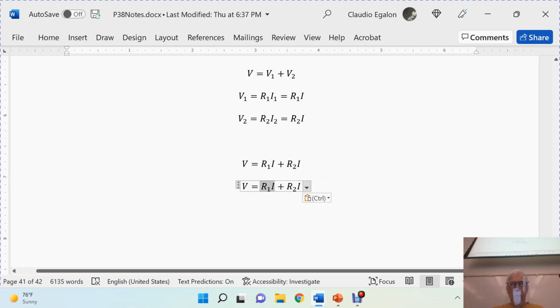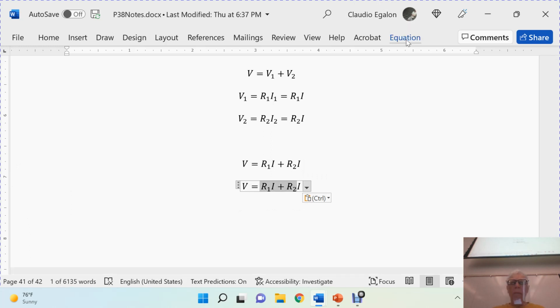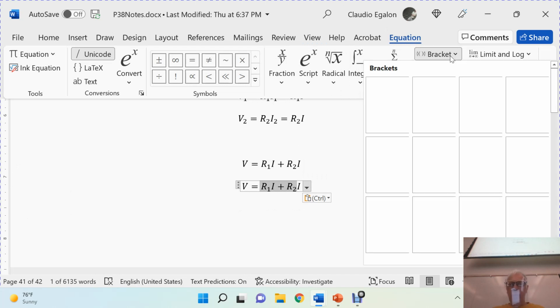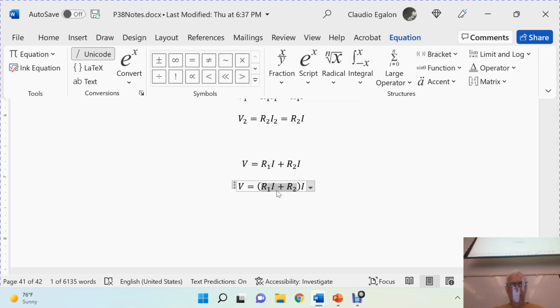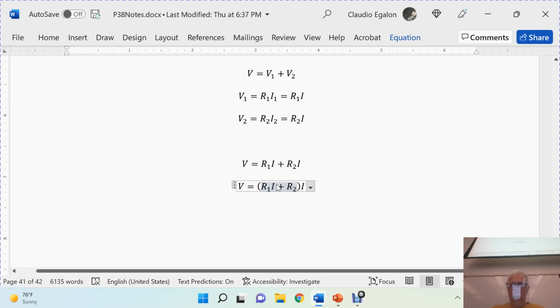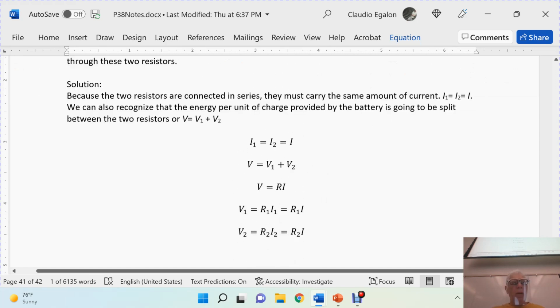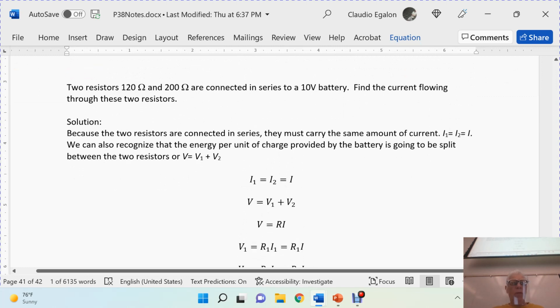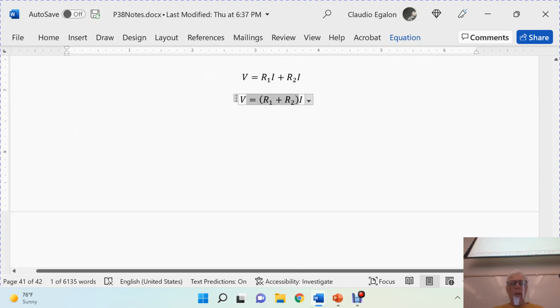Okay, so here we go. R1 plus R2 times I. We want to find the current flowing through these 2 resistors.